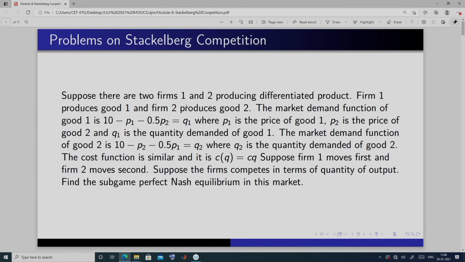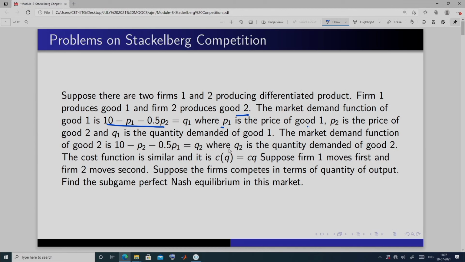Okay. Let us solve some problems on Stackelberg competition. So, in this problem, suppose there are two firms 1 and 2 producing differentiated products. Firm 1 produces good 1 and firm 2 produces good 2, and the market demand function is this, where P1 is the price of good 1, P2 is the price of good 2 and Q1 is the quantity demanded of good 1 which is produced by firm 1, and the market demand function for good 2 is this, 10 minus P2 plus 0.5 P1 equal to Q2.